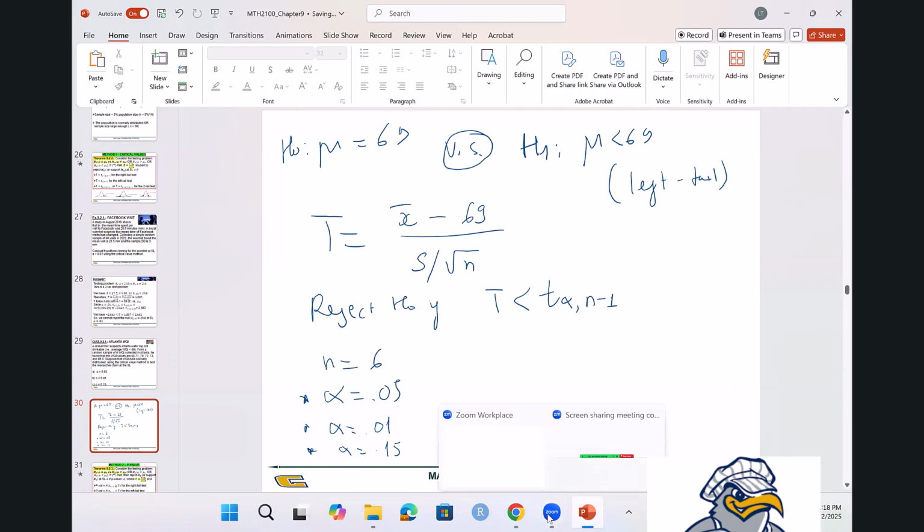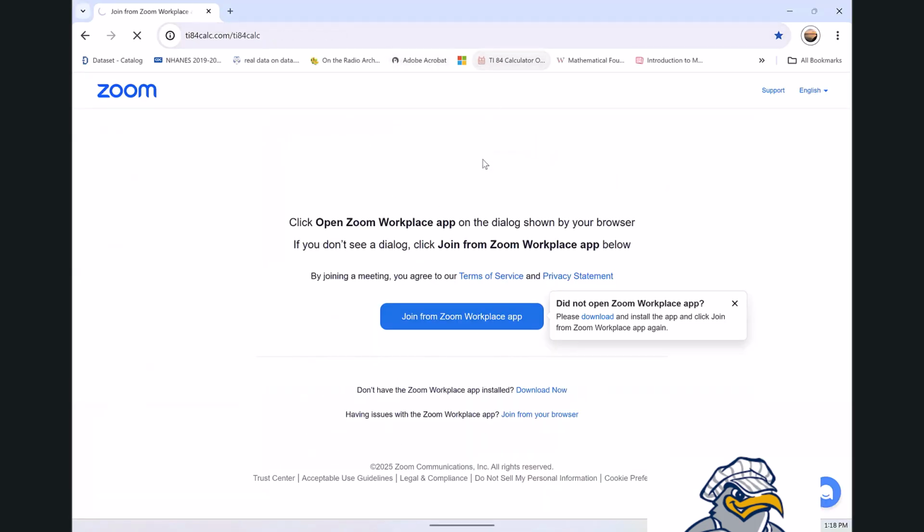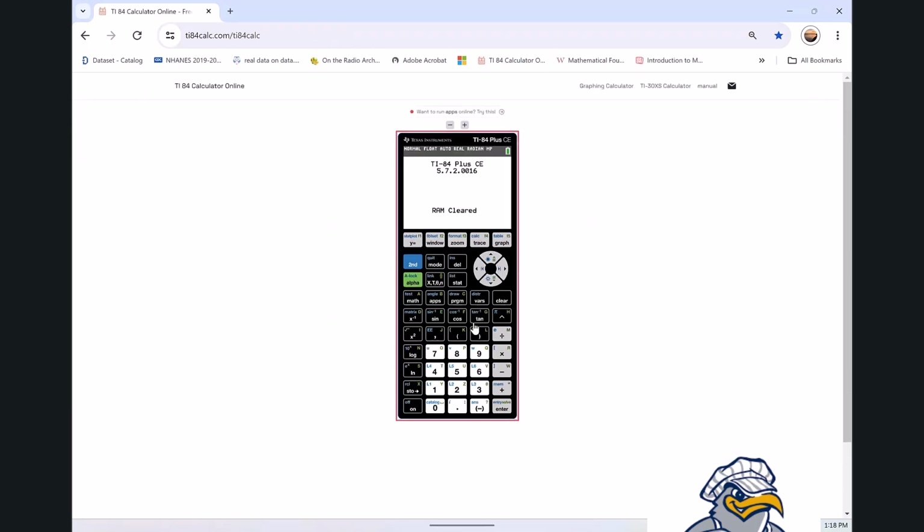For our problem, let's use the TI calculator. You need to calculate the mean and standard deviation.